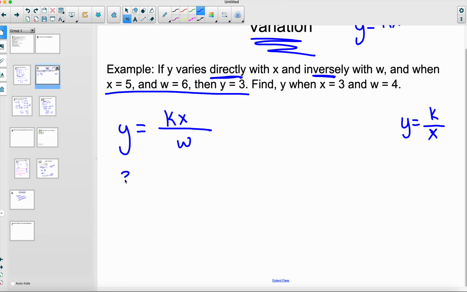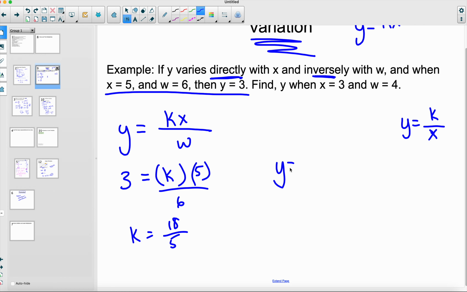So I plug it in, I get y is 3, I don't know k, x is 5, and w is 6. I can find k. k is equal to 6 times 3 is 18 over 5. Ugly, but that's okay. So that means this general formula, y is equal to 18 over 5, x over w.